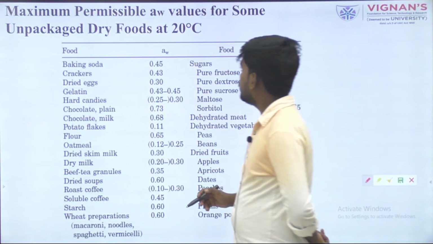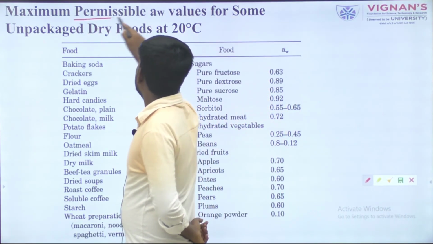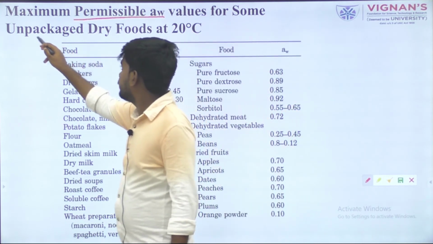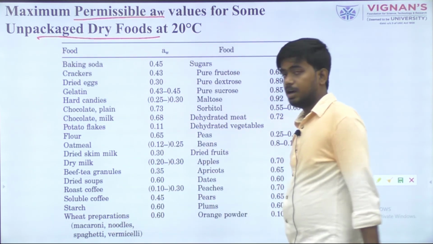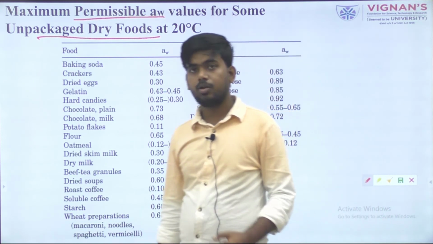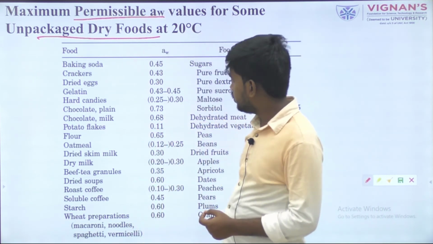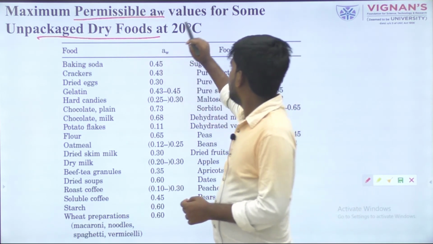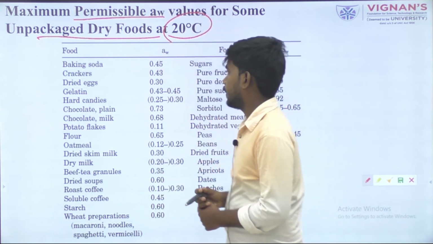So here are some of the acceptable water activity values for unpacked dry food, meaning how much moisture content or water activity value should be present in unpackaged condition at 20 degrees Celsius.